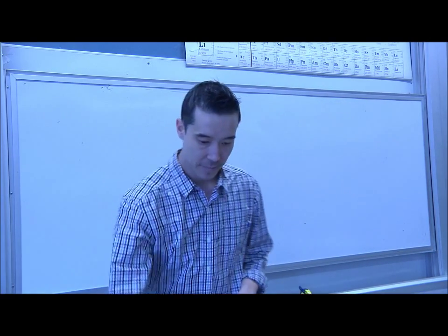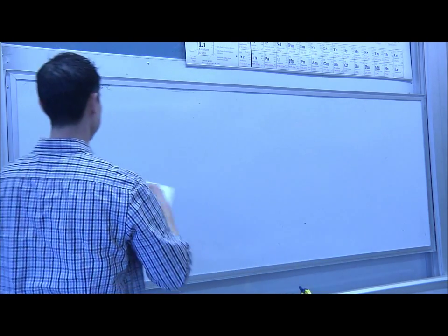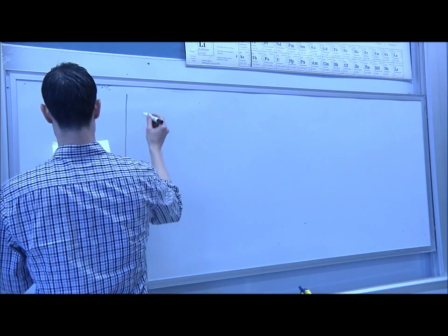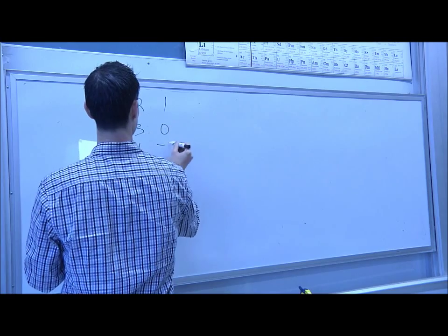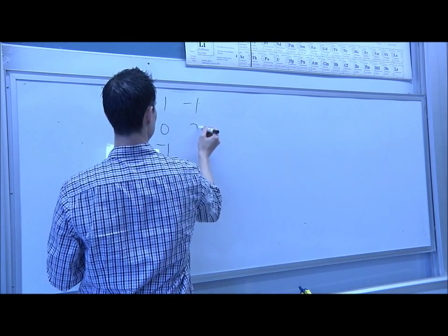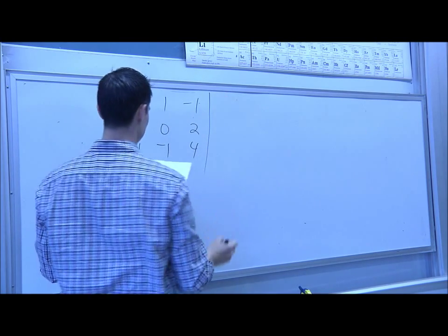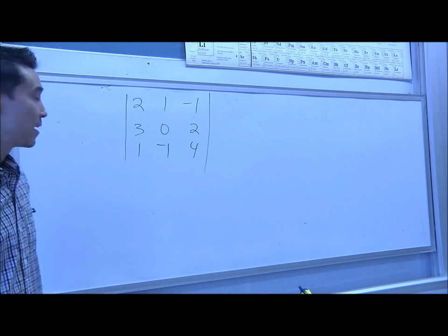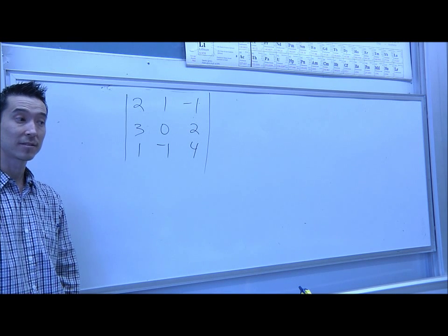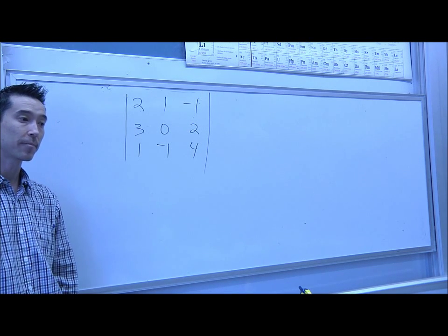All right, here we go. Let's say I have this determinant. 2, 3, 1, 1, 0, negative 1, negative 1, 2, 4. Okay, please write this in your notes. This is how you evaluate it. All right?